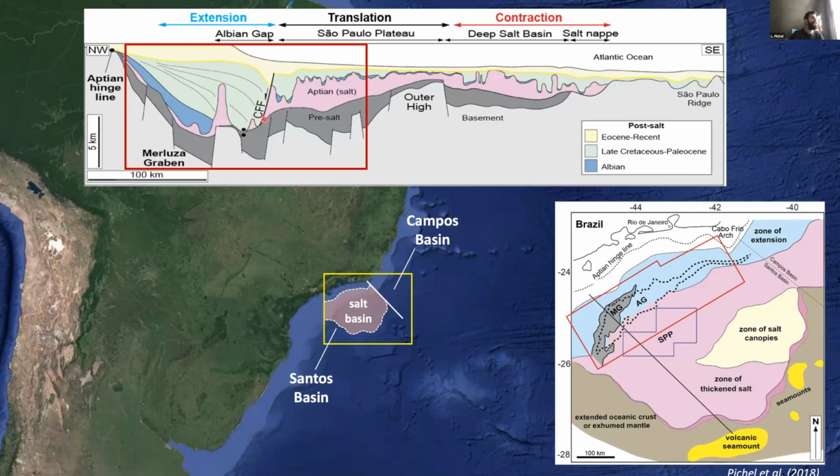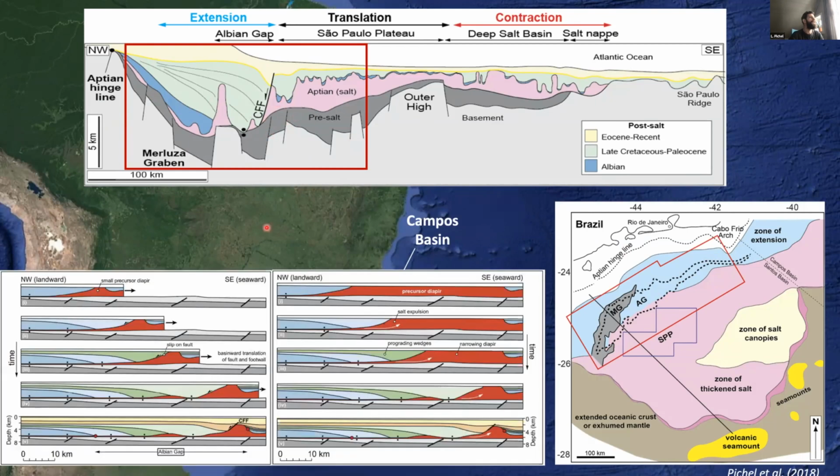And this Albian Gap has this very remarkable rollover, a basin-wide dipping, counter-regional rollover, with a lot of complexity and a lot of debate. One of the main debates is what is the origin of this large gap. It's quite hard to explain why you don't have Albian deposited over this very large area, more than 50 kilometers wide and almost 500 kilometers long.